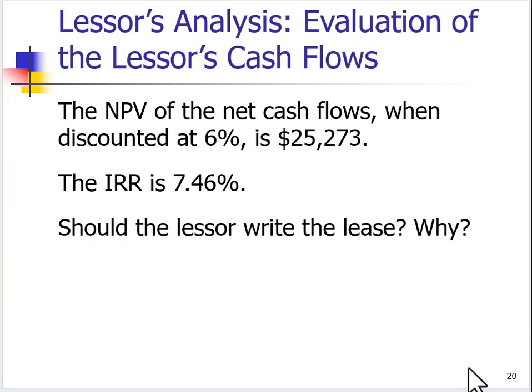I think the way businesses like this work is they say, look, I'm going to buy this asset and I want a certain rate of return. Now, the discount rate here is 6%, but that's the cost of financing. What if we said, net, I need 10%?